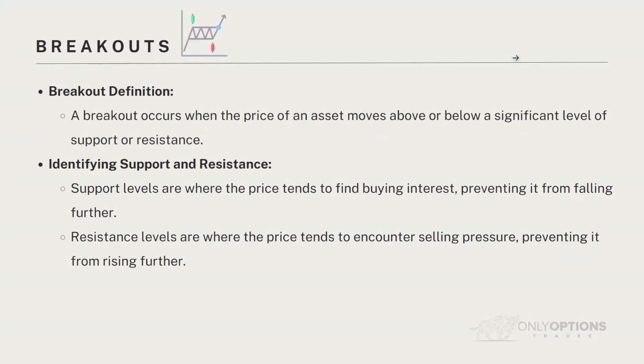I'm not going to go deep, because what we really need is to know how to see it on the chart. But I'd like everyone to have a glimpse of what they are and how they work. A breakout is just a move above a significant level, a support or resistance. That's what we try to identify every day on every trade that we do: try to anticipate a move and why.